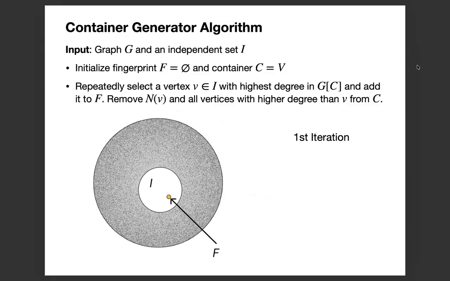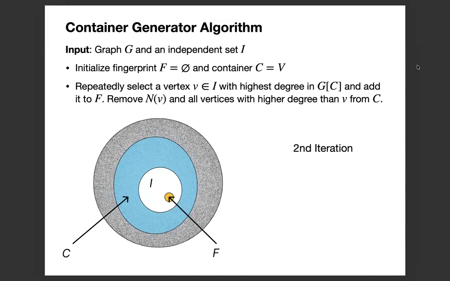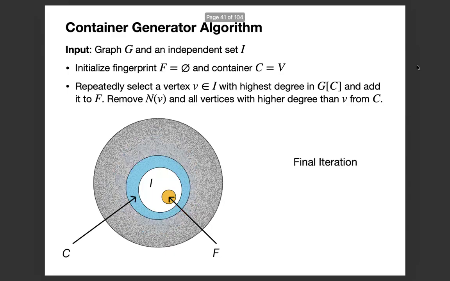You can remove all the neighbors and remove all the higher degree vertices, and this will shrink down the set of candidates, which we're going to call the container. Then maybe you want some more information, so I can give you another fingerprint vertex, and you can shrink this container down even further. We can just keep repeating this until we're happy with some sort of trade-off.